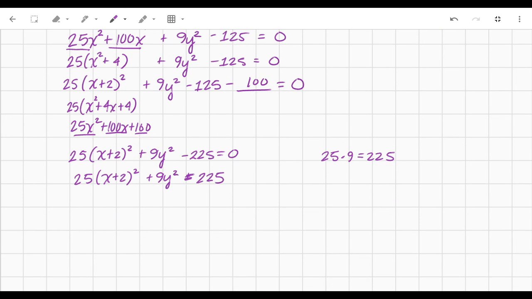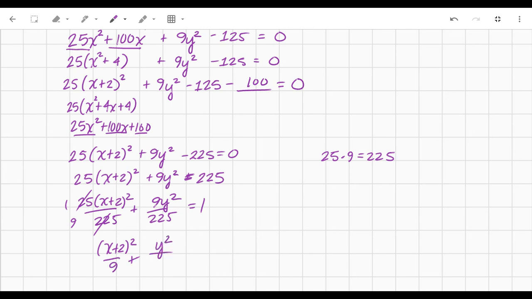Okay, so we're going to have 25x plus 2 squared over 225 plus 9y squared over 225 equals 1. 25 over 225 is 1 over 9. 9 over 225 will be 1 over 25 equals 1.